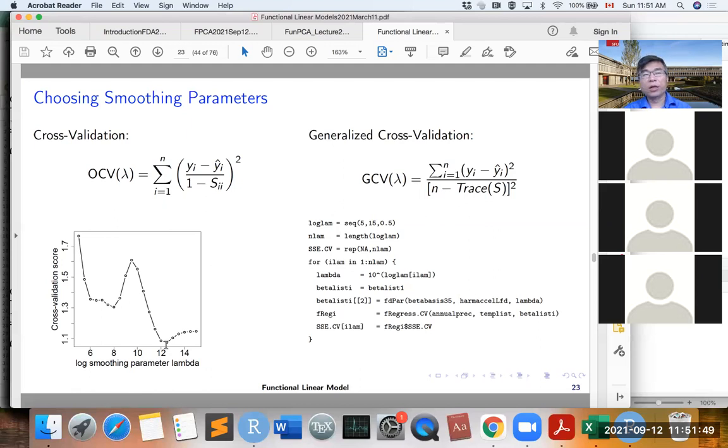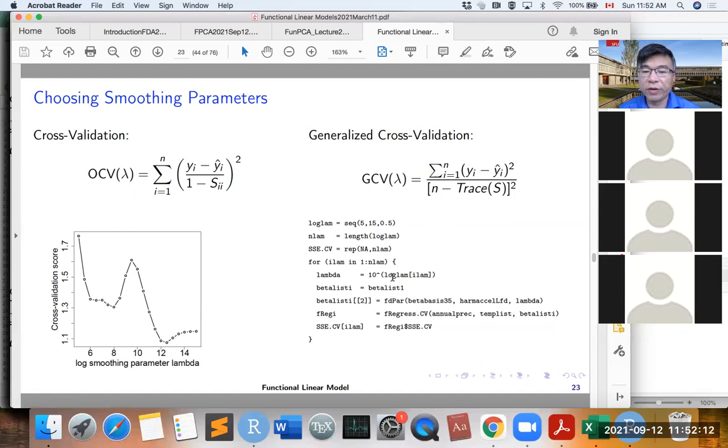Generally, when we design the grid points for the smoothing parameter, we will use a log scale. Because the smoothness will not change too much when you change lambda from, for example, 1 to 1.1.